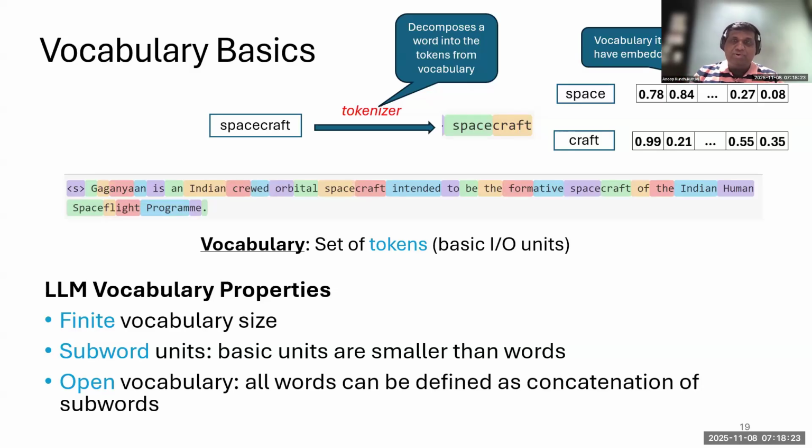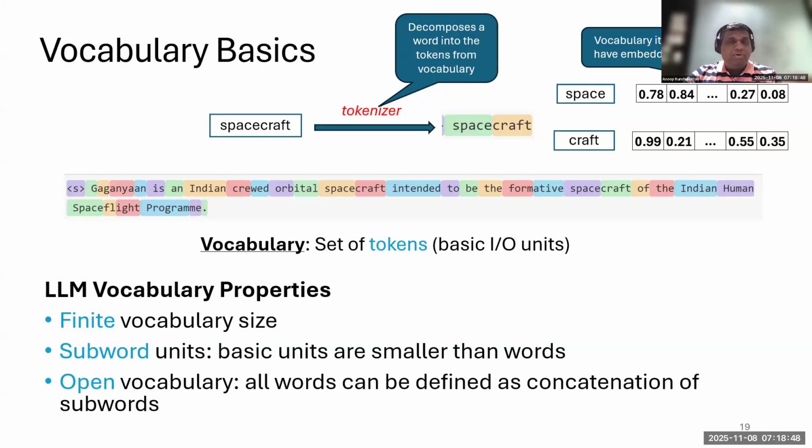The tokenizer is responsible for taking a stream of text and converting it into a stream of tokens. Each token has associated with it an embedding. These embeddings are essentially capturing context independent similarities between the tokens.